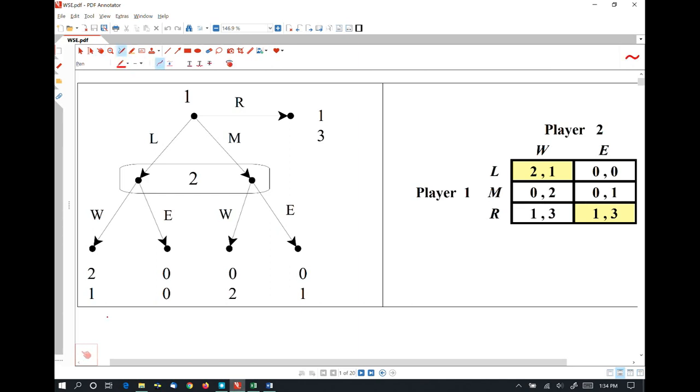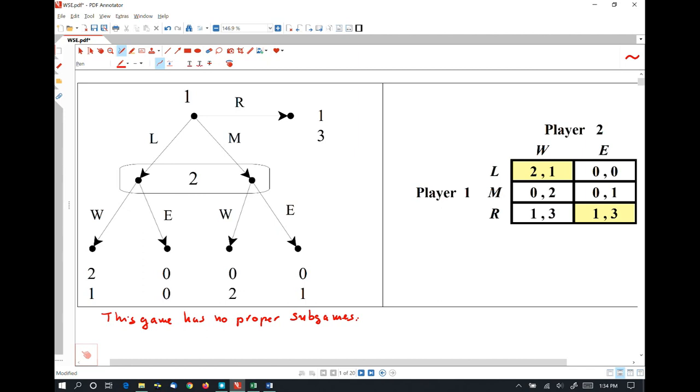the thing to notice about this game is that this game has no proper subgames. Now, the way in which the notion of subgame perfect equilibrium refines the notion of Nash equilibrium is by requiring that the solution, which is a strategy profile, be not only a Nash equilibrium for the entire game, but also a Nash equilibrium in every proper subgame.